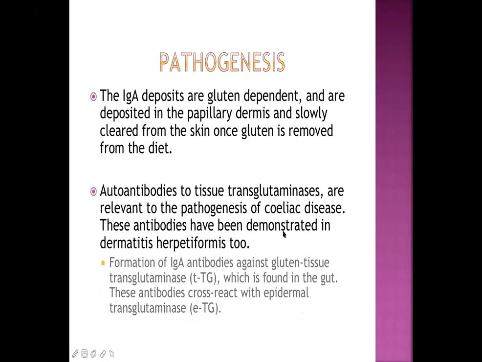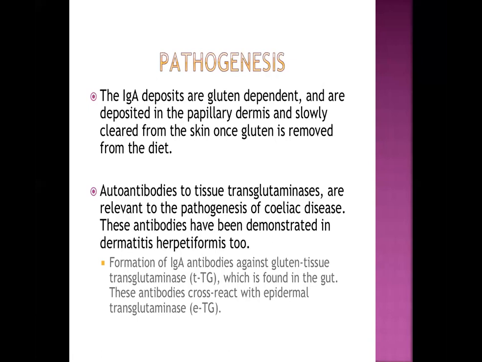Now let's talk about pathogenesis, how the damage has been done. The IgA deposits are gluten dependent and are deposited in the papillary dermis and slowly cleared from the skin once gluten is removed from the diet. Let's not forget, this is a part of gluten sensitive enteropathy. So gluten containing food is important regarding the pathogenesis of this disorder as well.